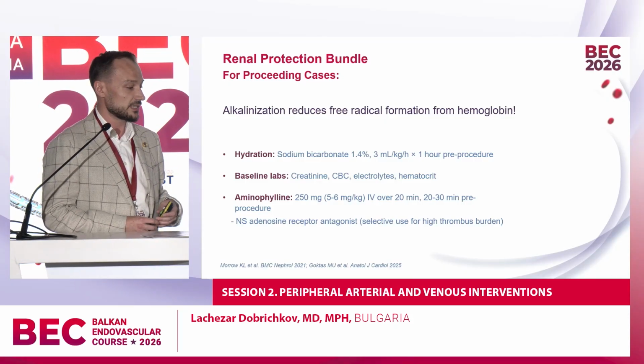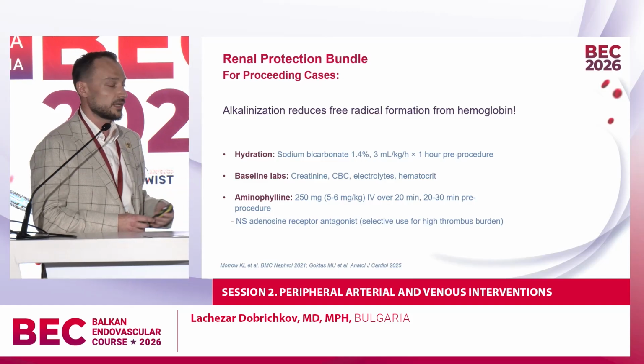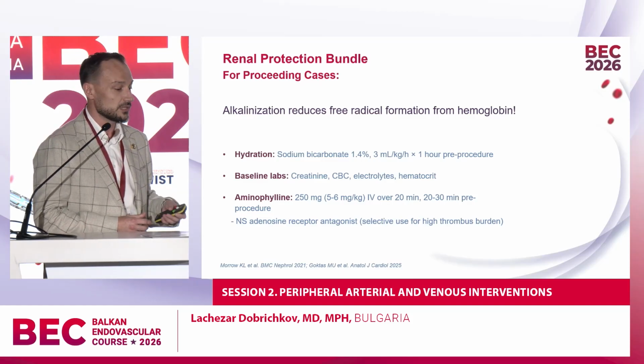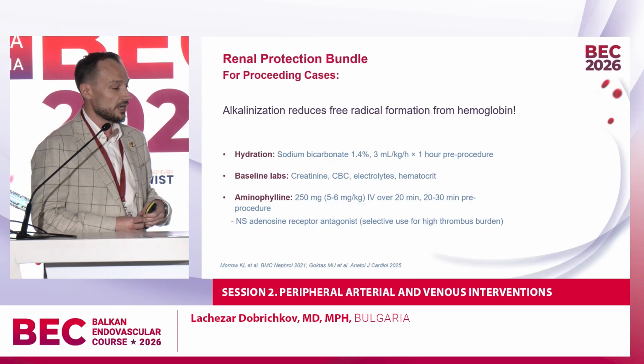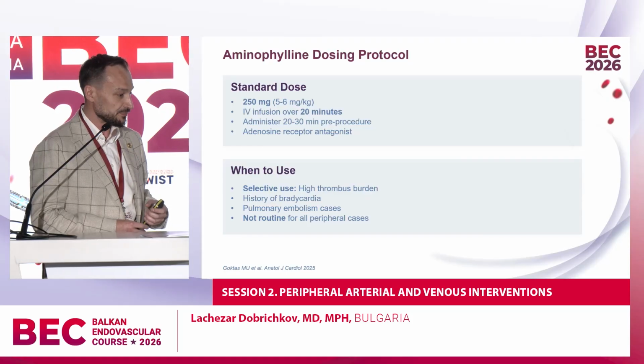We should check the baseline labs of creatinine, blood count, electrolytes, and hematocrit to check the kidney function and possible hemolysis. And also we can administer aminophylline before the procedure to prevent bradyarrhythmias.